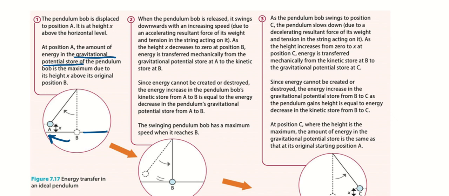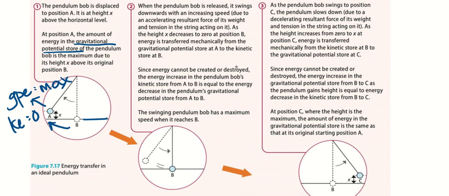We hold it there, it is not moving. So the GPE is max, but the energy in the kinetic store is 0. Now, when the pendulum is released, it will swing downwards.